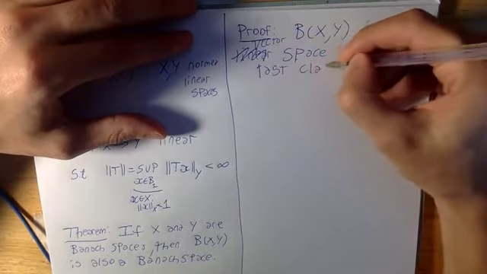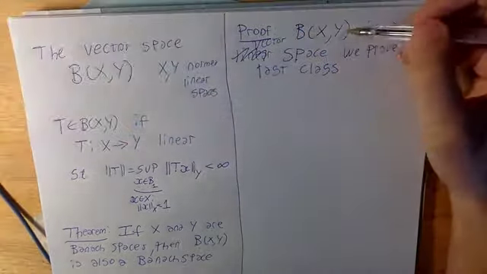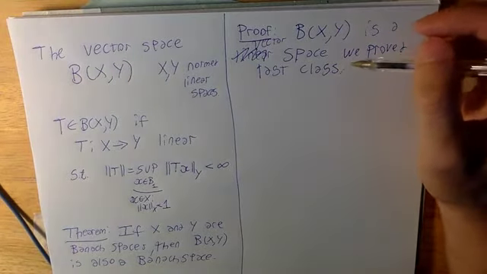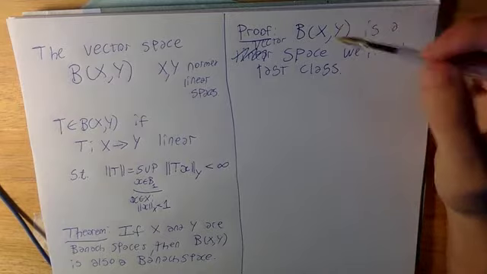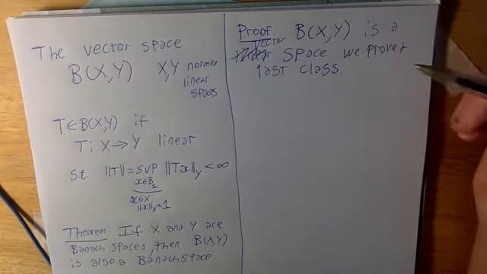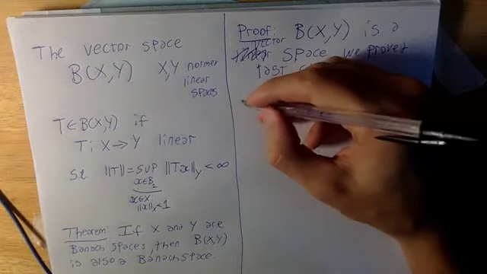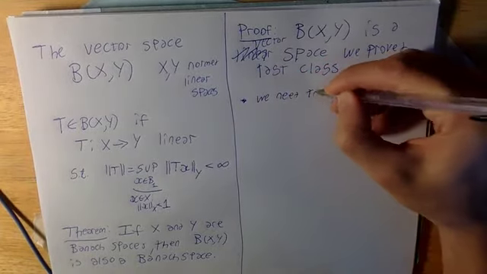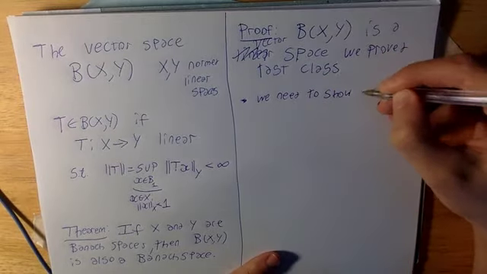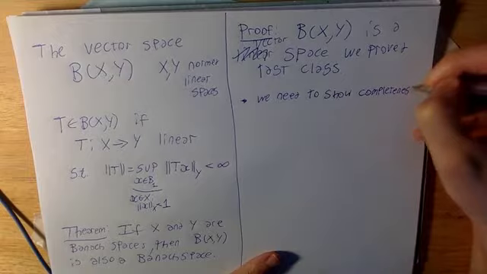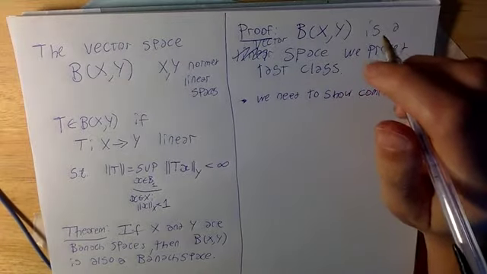By this I mean that if you have T and S in B(X,Y), then the sum of it is also in B(X,Y). Also, it has a norm, so it's a normed vector space. So the only thing that we need to show is completeness. We need to show completeness.